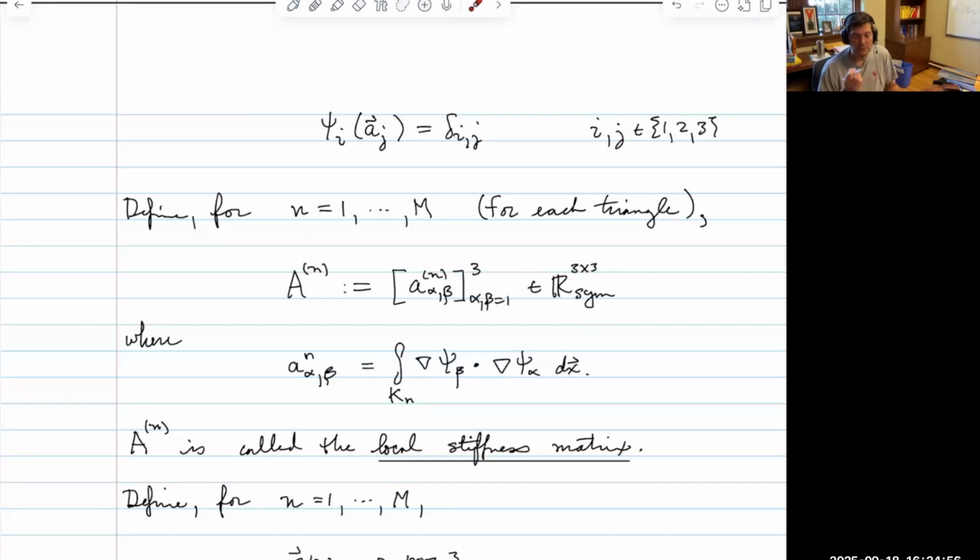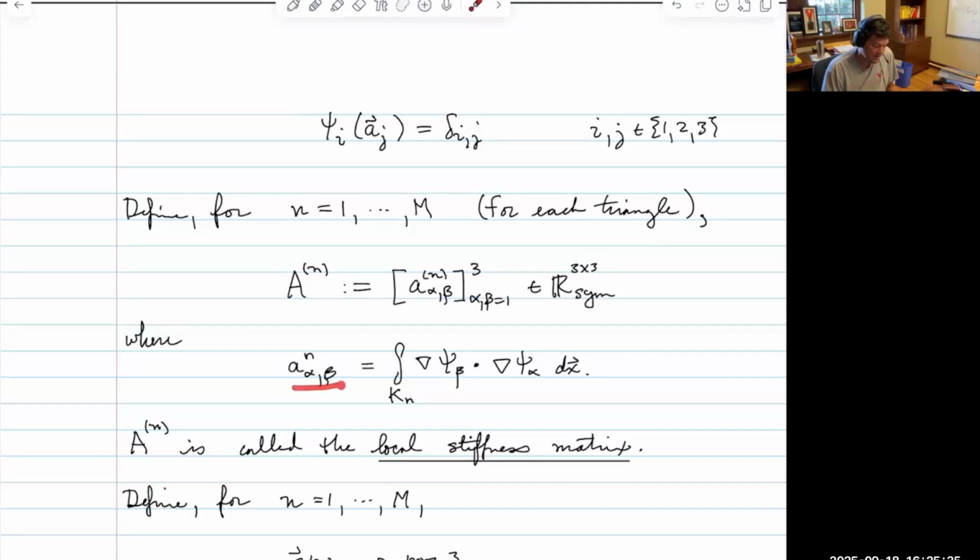I could use little k, but that gets confusing with the large K. So the index n is superscripted here for our triangle. This has the elements A, alpha, beta. The superscript n just represents the nth triangle, where alpha and beta roam from 1 to 3. The reason they roam from 1 to 3 is because there are 3 degrees of freedom on each triangle for our model problem in the piecewise linear case.